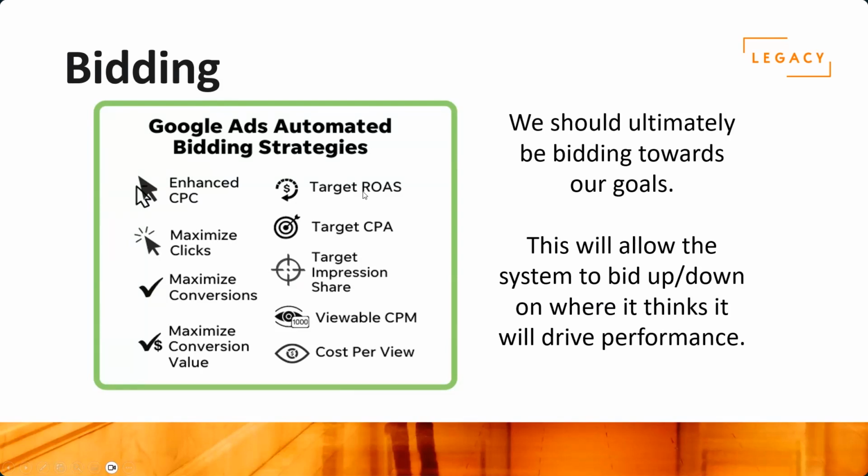ROAS is return on ad spend, and CPA is cost per acquisition, which we covered in one of my previous slides. If you have a brand campaign, you can use target impression share to make sure you're at 90% plus impression share. Viewable CPMs and cost per view are for YouTube campaigns; you can't use them within paid search, but they're quite relevant for YouTube.